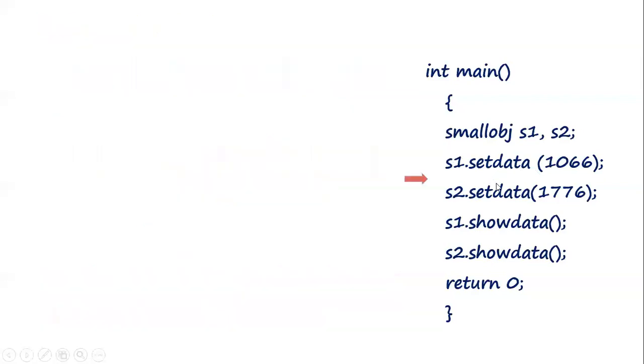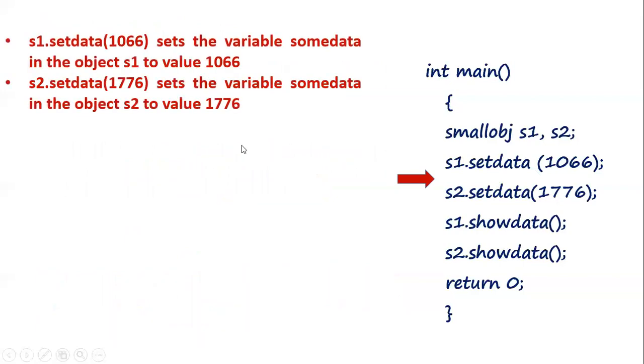Thus, here we have set data twice. That is, S1 dot set data sets the variable some data. When you refer to the program, you can understand that what the set data function does is whatever you give as the argument will be assigned as the value of some data. So this statement sets the variable some data in the object S1 to the value 1066.